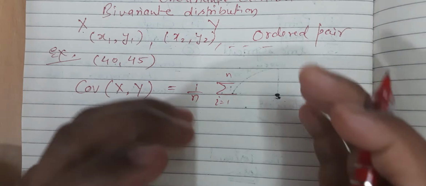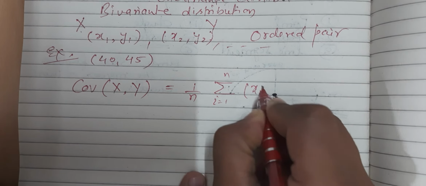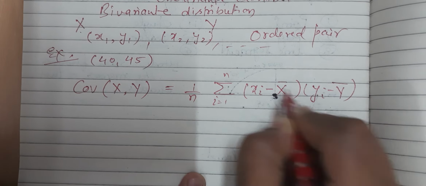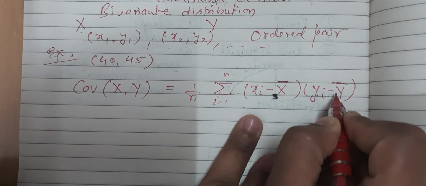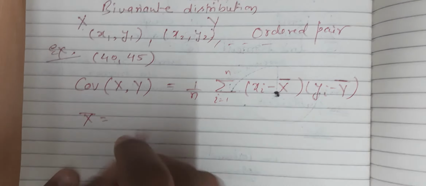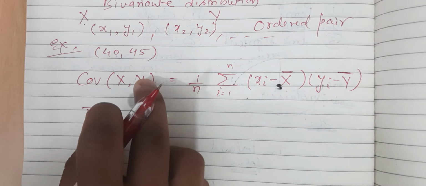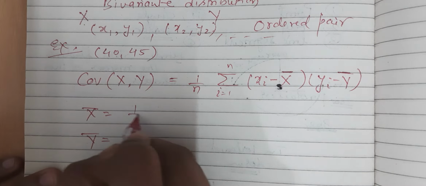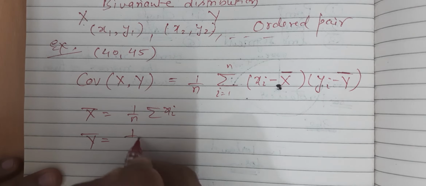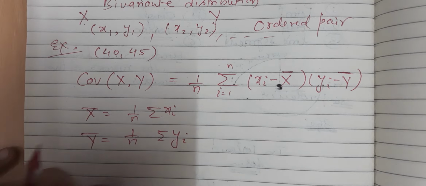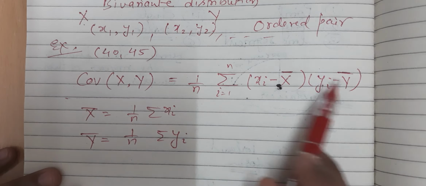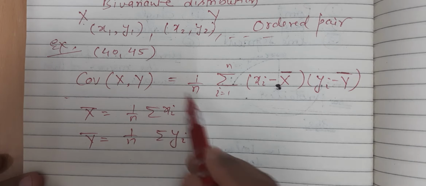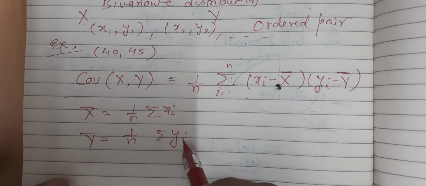Summation means the sum of all the terms. X bar is the mean of the first variable and Y bar is the mean of the second variable, so X bar is 1 by n summation xi and Y bar is 1 by n summation yi. This is the formula to find covariance.